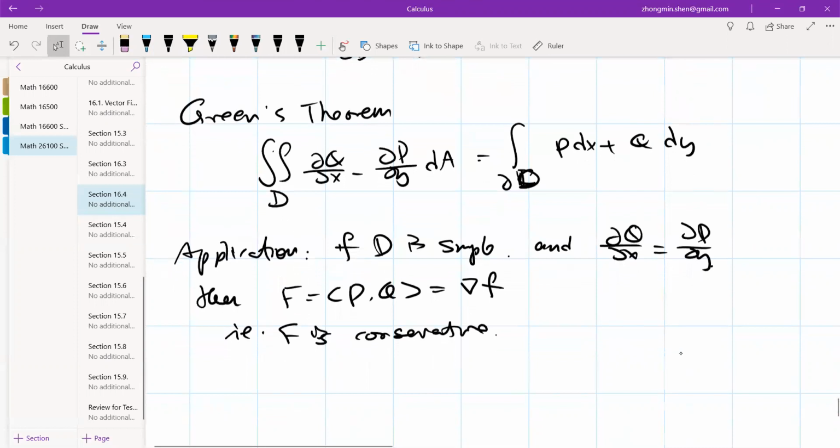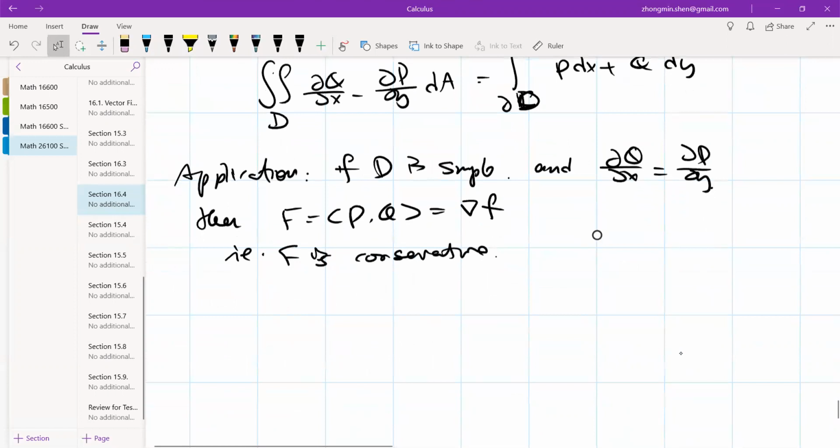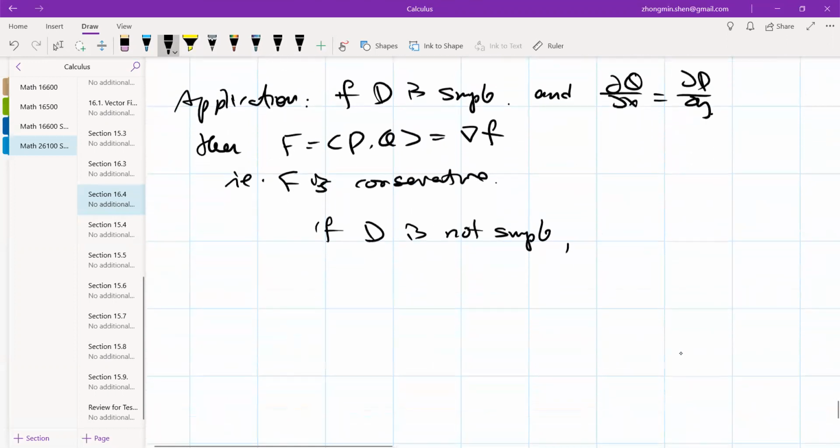If it is not simple, you cannot find a single function. So if D is not simple, then what happens? Let's look at an example.